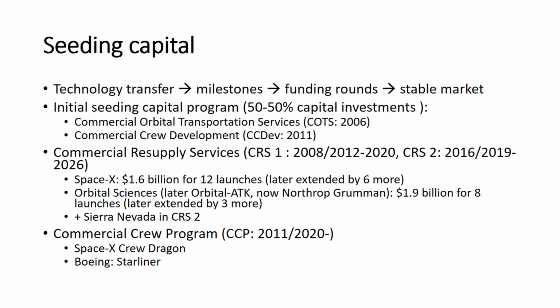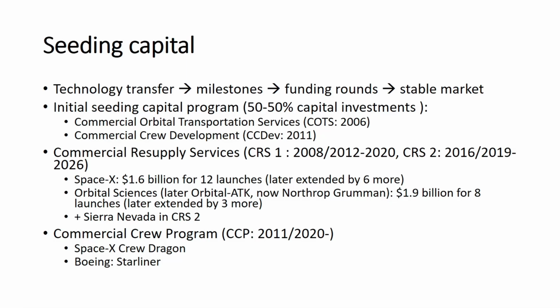And also, we can see that in the initial seeding capital program, it was necessary to have at least such a funding capability as NASA provides. So it was not complete subsidizing, because it would be 90 to 10% or something like this.